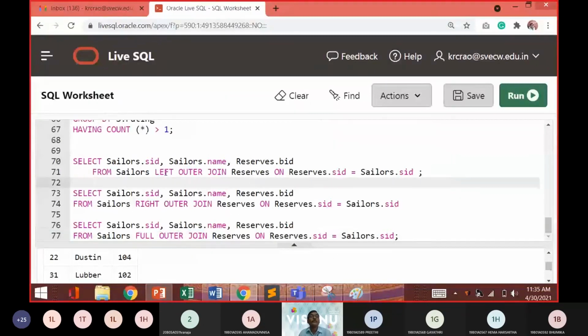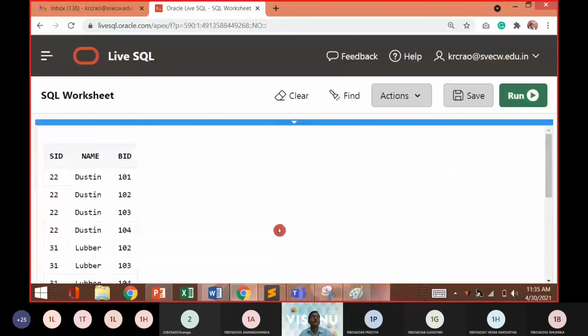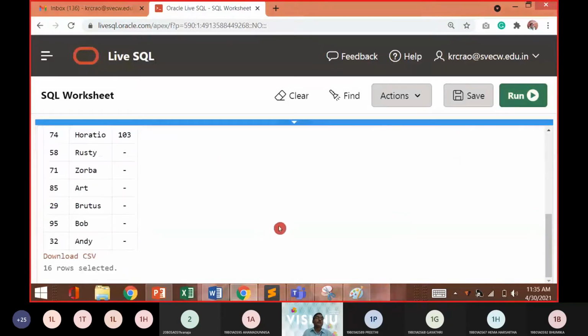When we executed the left outer join, the maximum records we got was 16. When we executed right outer join, we got 10. Now with the combination, we will again get around 16 records. Let's check whether that happens. So now I am executing the full outer join. The maximum value displayed earlier, that's the 16.